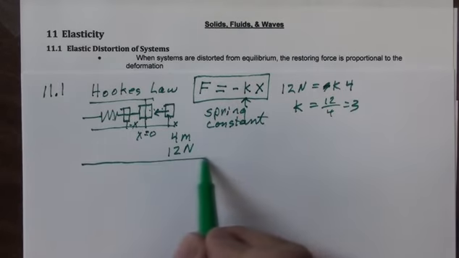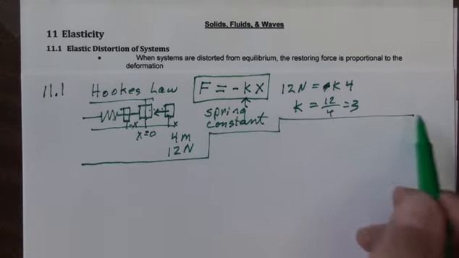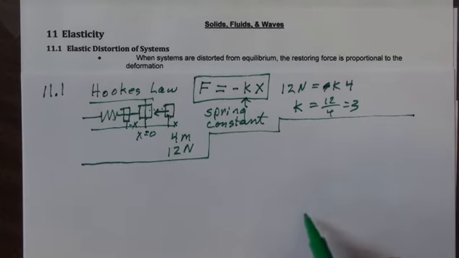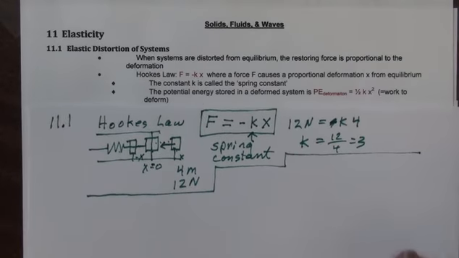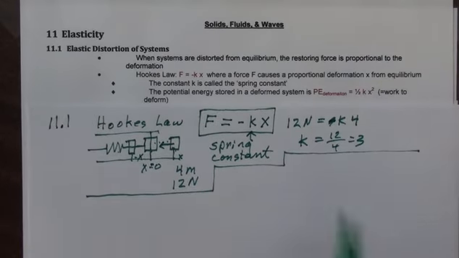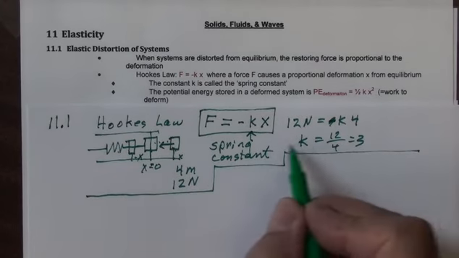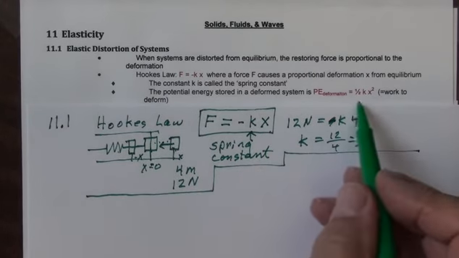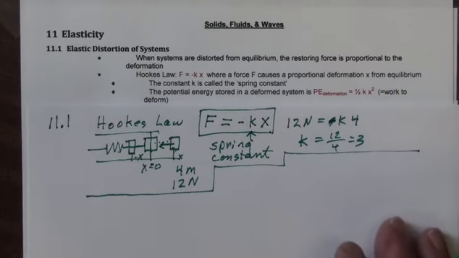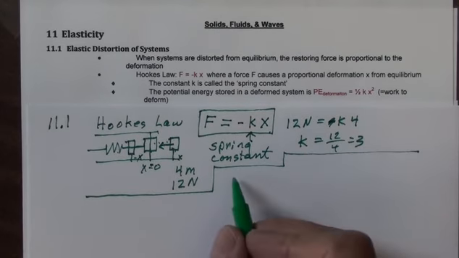Now, you can ask the question, why does this arise? Where does this really come from? And we can show that this comes from the fact that this actually has a potential energy associated with 1/2 kx squared. Let me show you how that arises.